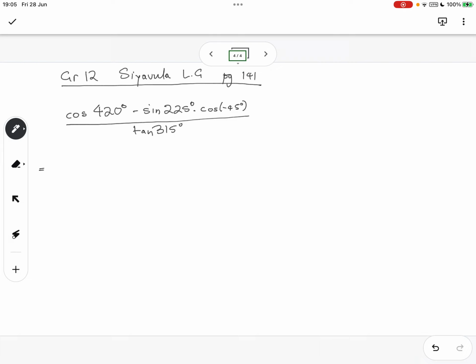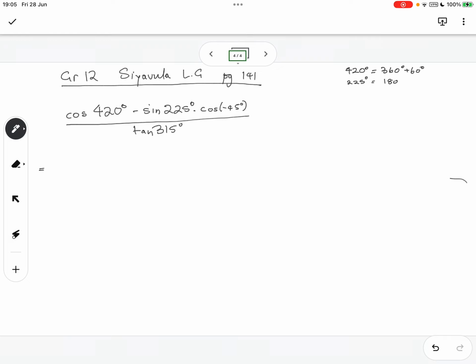Right, so again, let's think of the angle 420 degrees as a compound angle. So 420 degrees, we can say it's 360 degrees plus 60, which makes sense because 420 degrees is more than 360. So we should add something to get to 420. 225 degrees. Let's see.